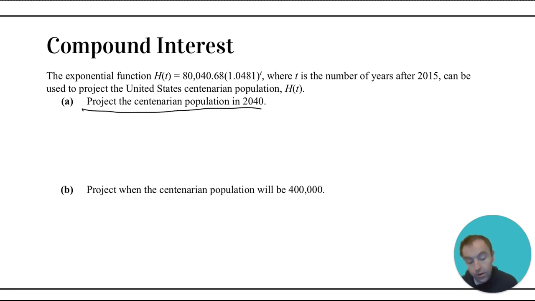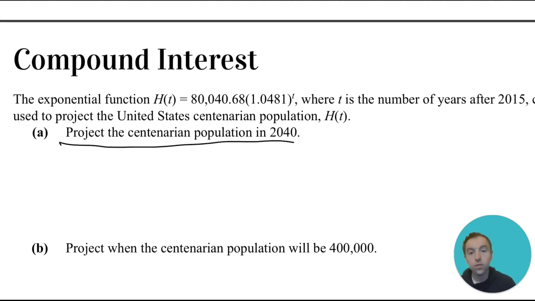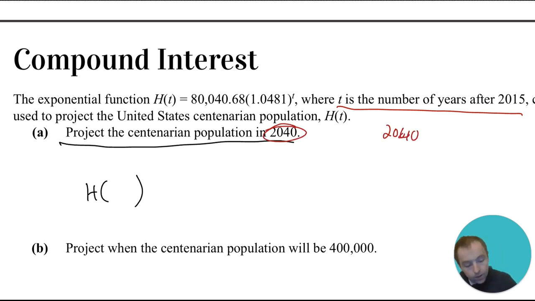We are asked to project the centenarian population in 2040. Okay, so since h of t is the population, we should be able to evaluate the function h at some value. Now, because t is the number of years after 2015, we're going to have to plug in a value of t that is the number of years that 2040 is after 2015. So if you subtract, it's going to be a 25-year difference, so 25 years later.